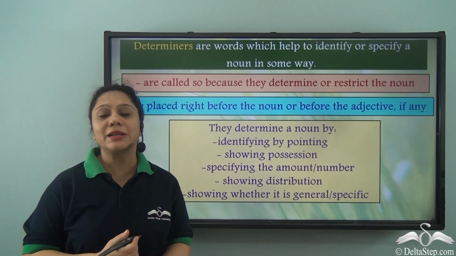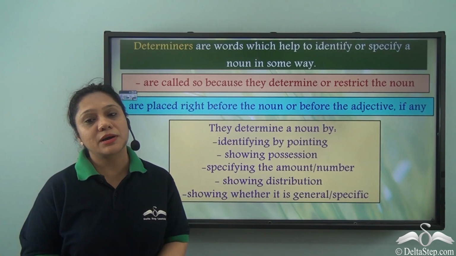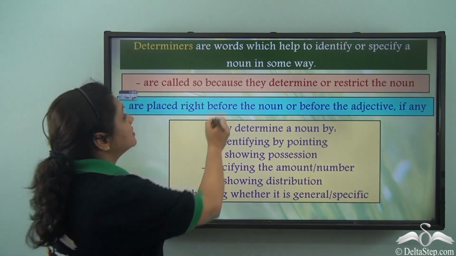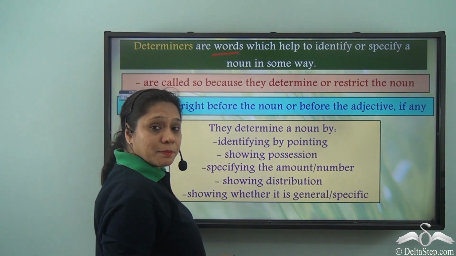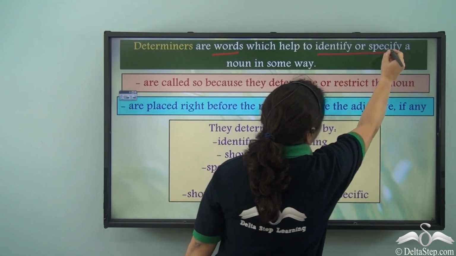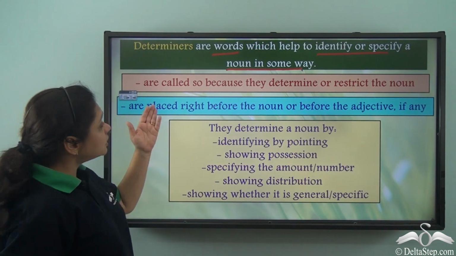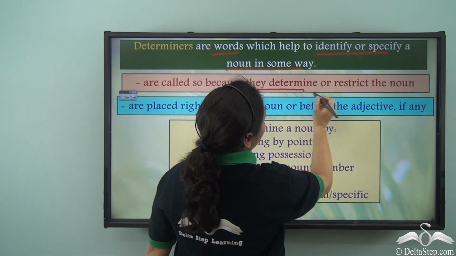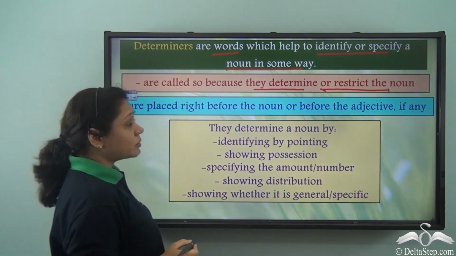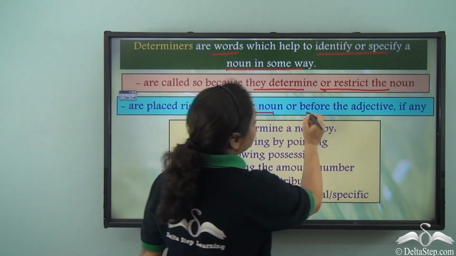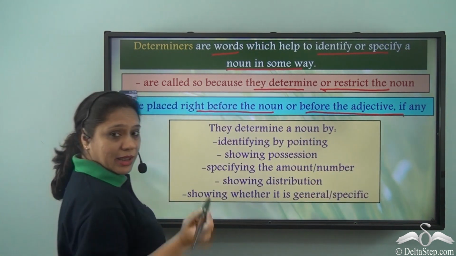So what did we learn today? Today we have learnt about determiners. And what are they? Determiners are words which help us to identify or specify a noun in some way. They are called so because they determine or restrict the noun. They are placed right before the noun or before the adjective, if any.